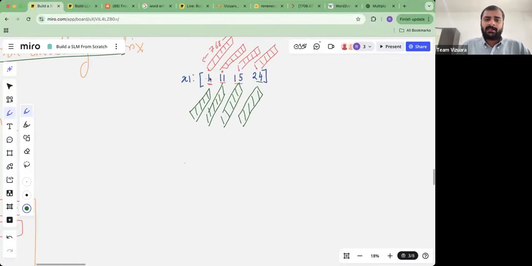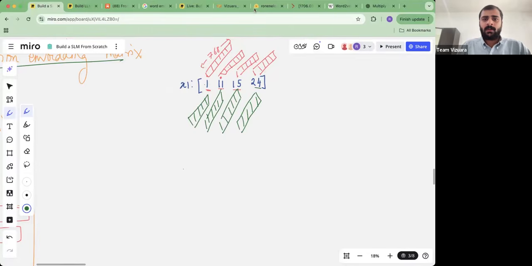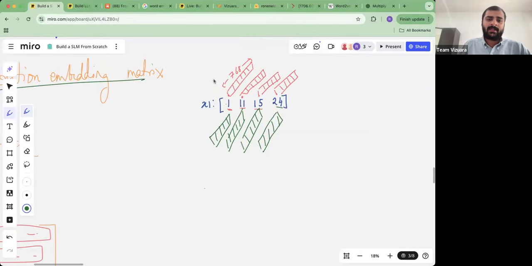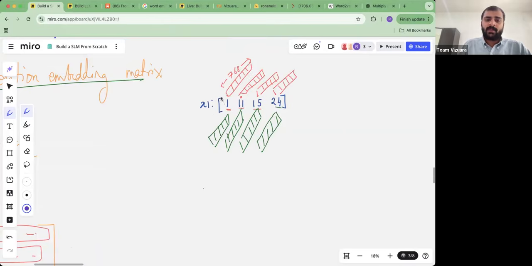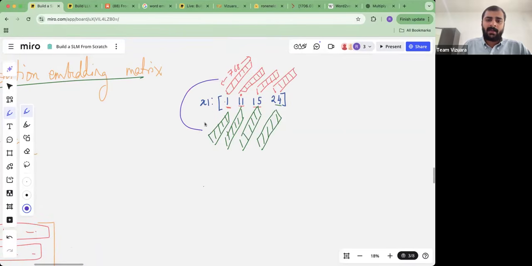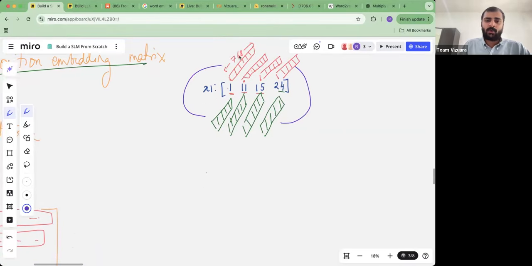So in this particular case, I get a token embedding vector for every token and I get a position embedding vector for every token. And then I am going to add the token embedding vector and the position embedding vector for every token.